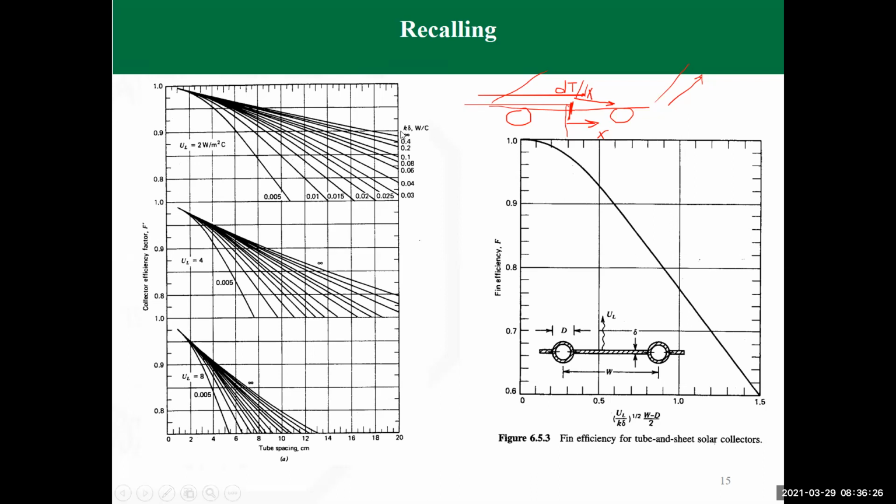Different lines in the figure represent different values of K delta. K is the thermal conductivity of the absorbing material, and delta is the thickness.